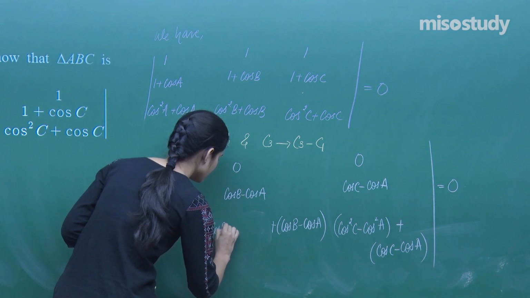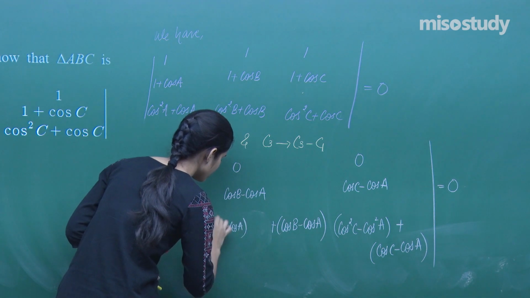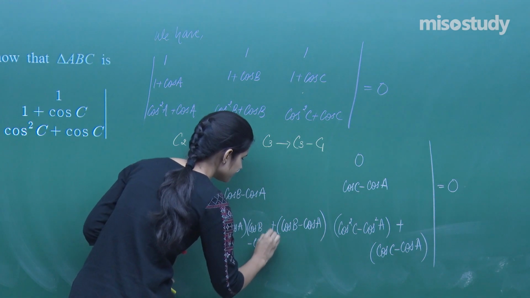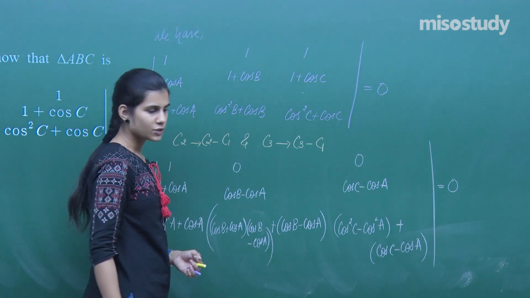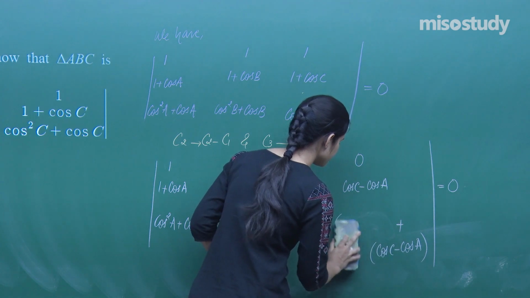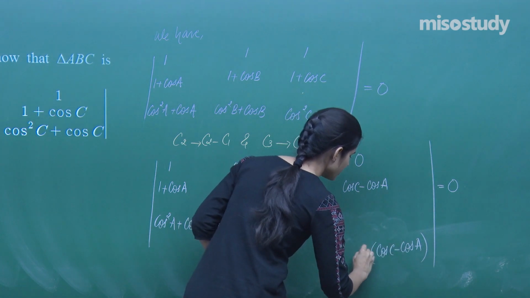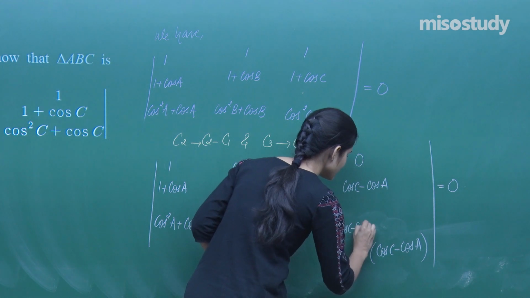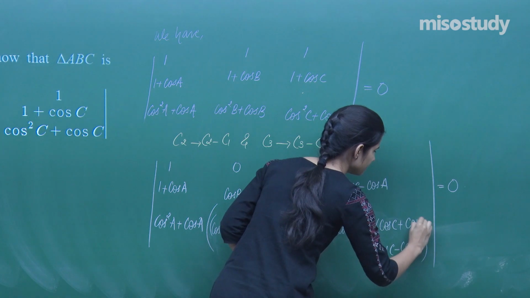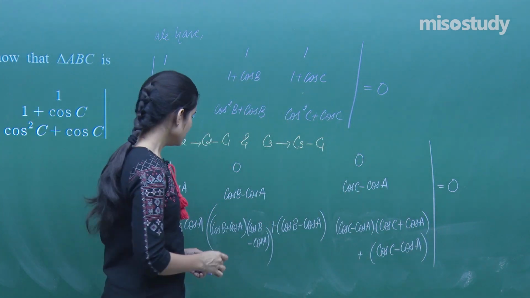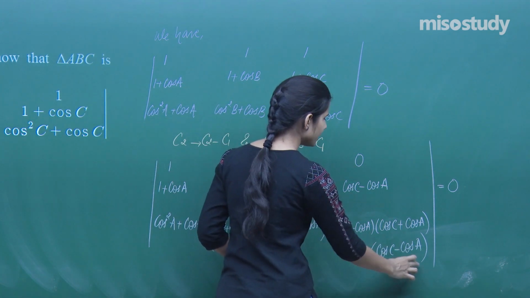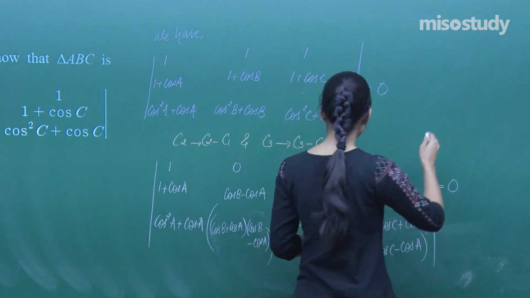This is cos B plus cos A multiplied by cos B minus cos A. A square minus B square is A plus B into A minus B. Similarly, cos square C minus cos square A is cos C minus cos A into cos C plus cos A. Now you can see cos B minus cos A is coming out common, cos C minus cos A is coming out common.